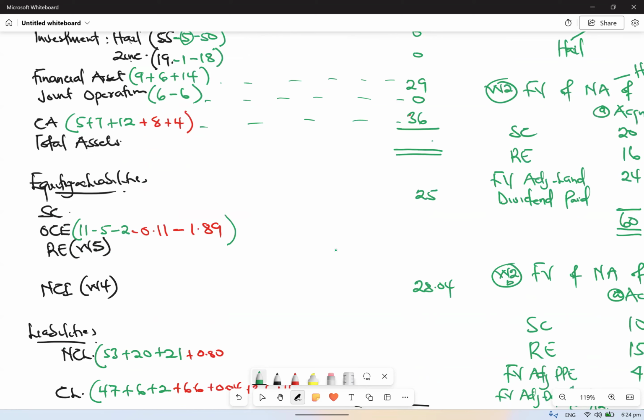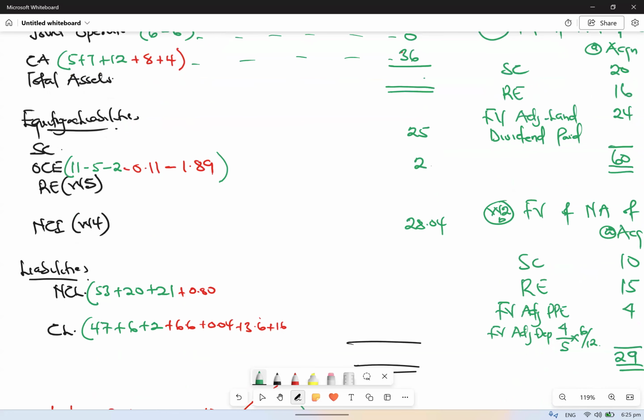Okay. Then the NCL and the other side, somebody should also punch. So I have 11 minus 5 minus 2 minus 0.11 minus 1.89. That gives me 2 here. All right. Then this side too: 53 plus 20 plus 21 plus 0.80. That is 94.8.